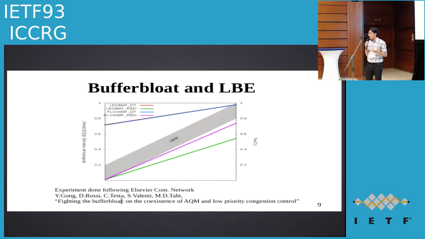So using an AQM scheme such as RED can help us to decrease the buffer bloat intensity. But unfortunately, in this scenario LEDBAT, as shown by the green lines, behaves like TCP. LEDBAT is no more an LBE protocol, while our protocol, Flower, shown by the violet curve, is more LBE compliant than LEDBAT and tends toward the ideal region.